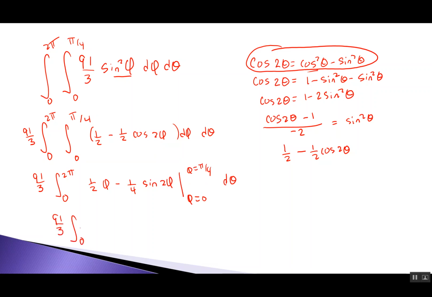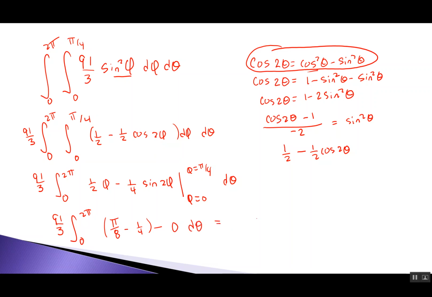91/3, 0 to 2 pi. So I'm going to have pi over 8 minus 1/4 sine of pi over 2, which is a 1, minus 1/2 phi, 1/2 times 0, minus 1/4 sine of 2 theta, which is still a 0.